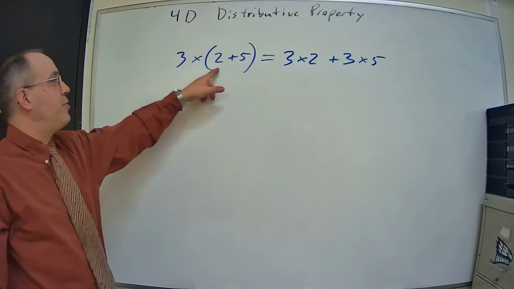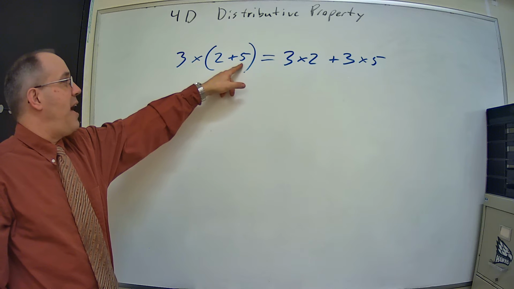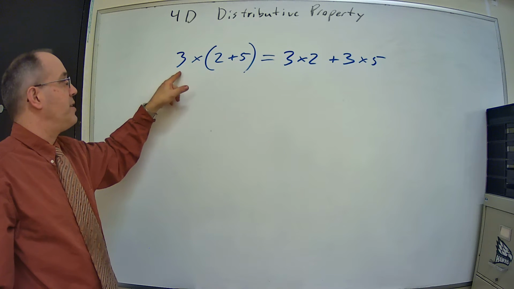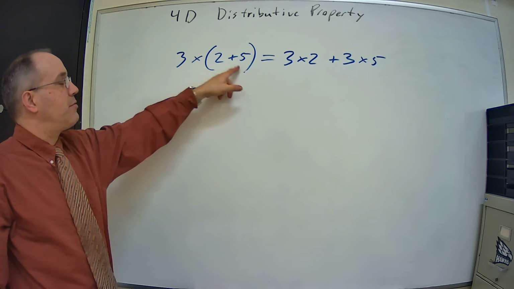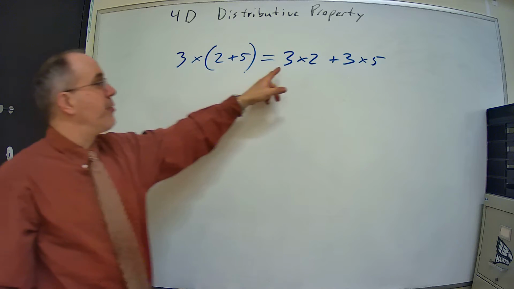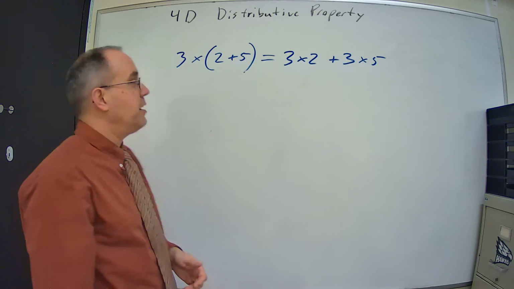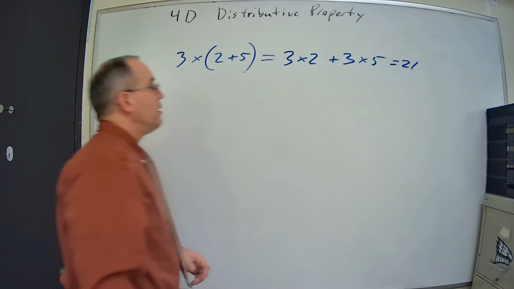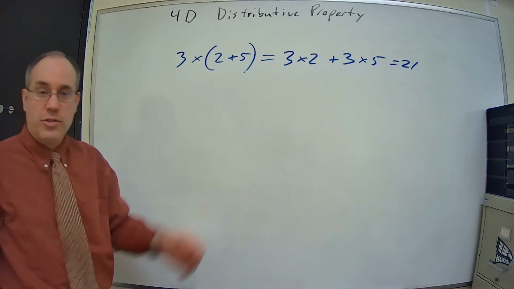I can distribute it through. This is getting added to that, and I can say, okay, well, instead of 3 times 7, I'll do 3 times 2 plus 3 times 5. 3 times 2 is 6, 3 times 5 is 15, gives us 21, which is what we got by saying 7 times 3, 21.